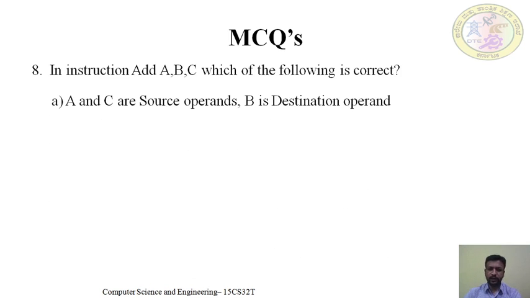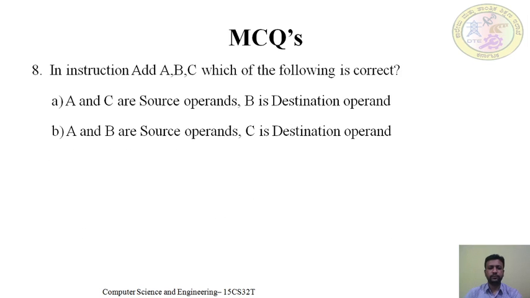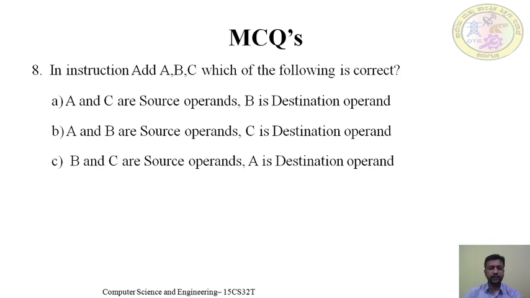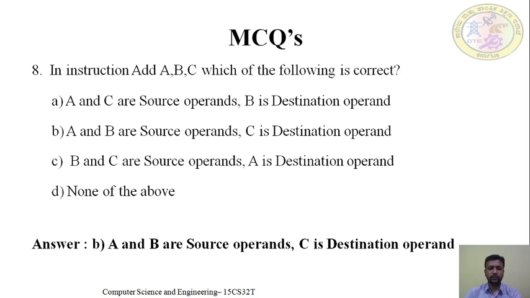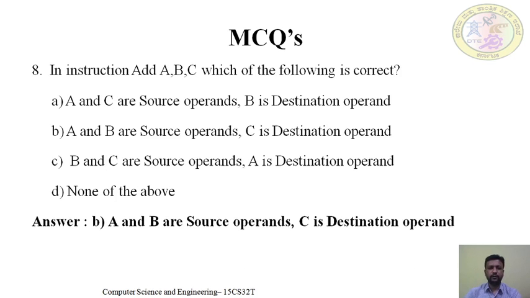Option A, A and C are source operands, B is destination operand. Option B, A and B are source operands, C is destination operand. Option C, B and C are source operands, A is destination operand. D none of the above. In instruction add A comma B comma C, A and B are source operands, C is destination operand. So option B is the right answer.